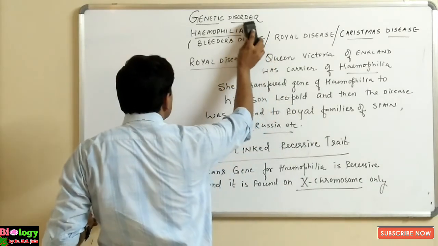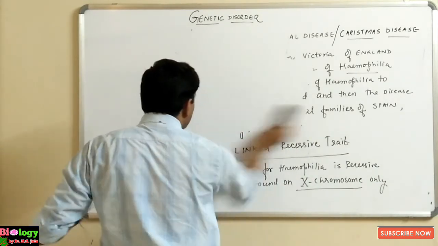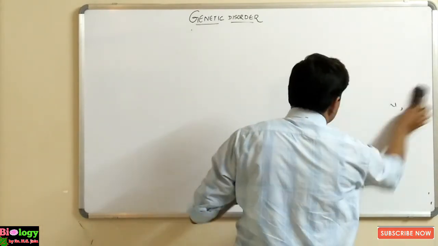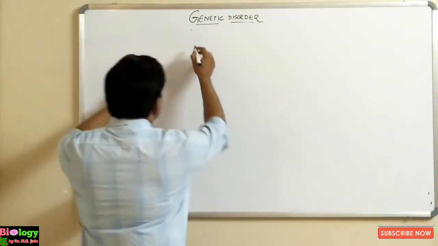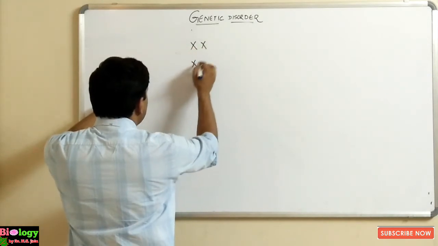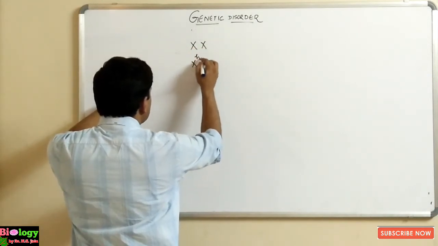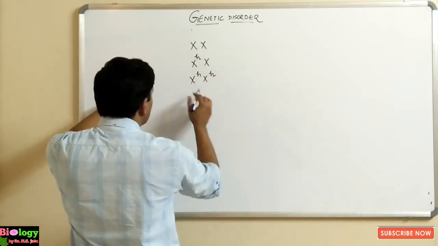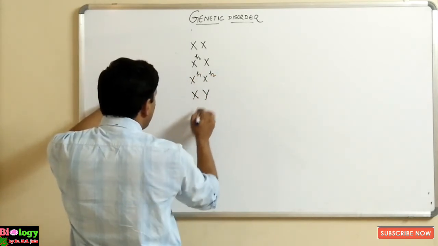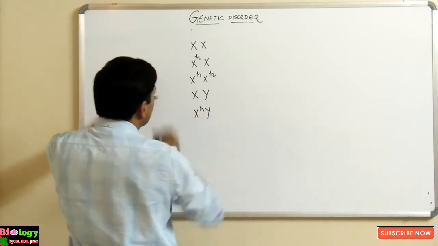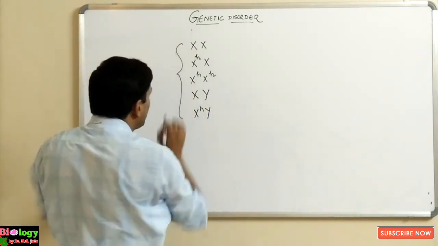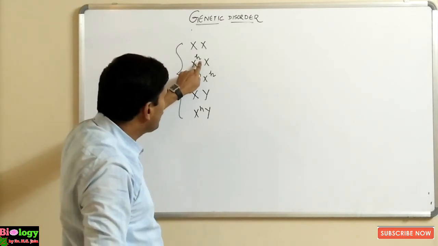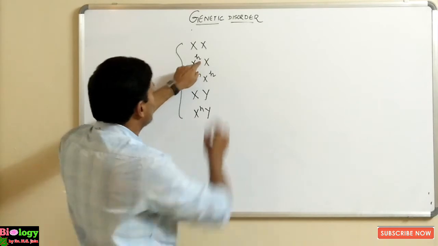Now you must know how this gene is expressed in future generations. So see here, I am writing 5 case studies: XX, XHX, XHXH, XY and XHY. These are the 5 conditions. Small h denotes the recessive gene for hemophilia.